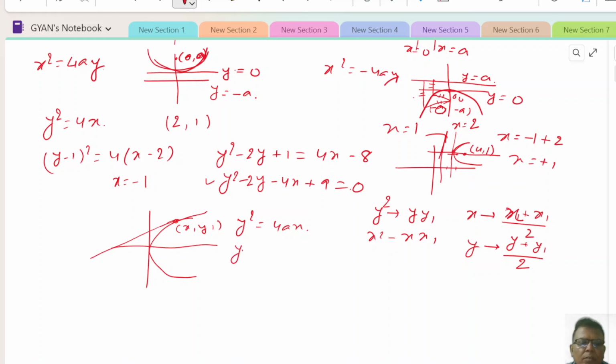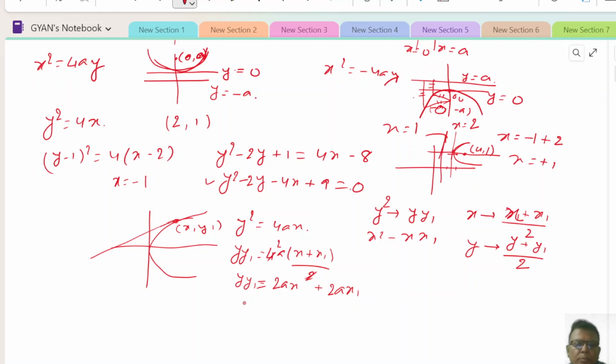So here y y1 is equal to 2a x plus 2a x1.